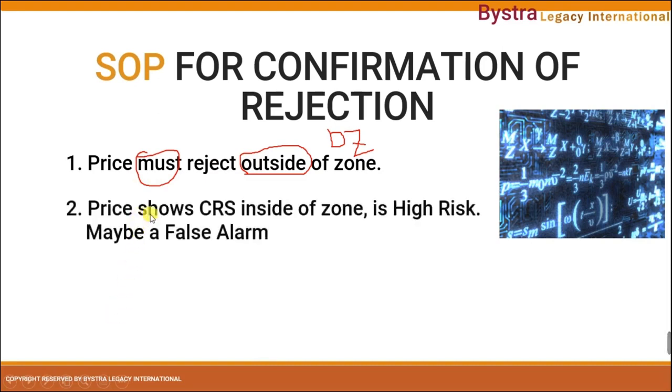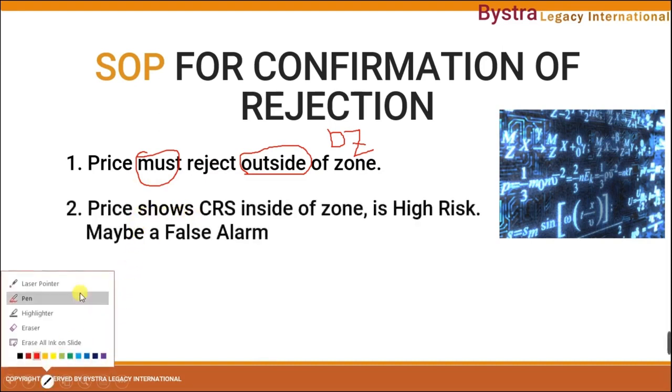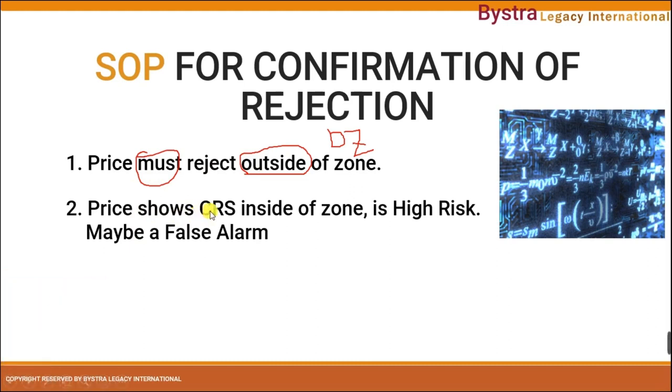Secondly, price has to show a candle reversal signal outside of the zone; inside of the zone is considered high risk. Let me highlight this again. High risk when the CRS is inside of the zone. It could be a false alarm.